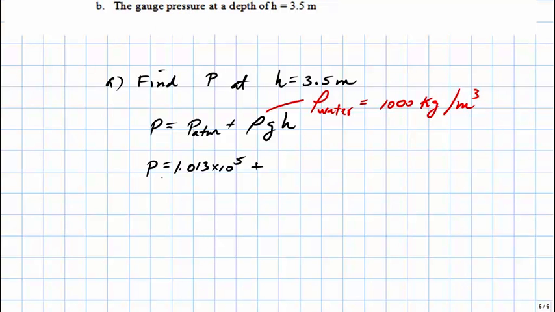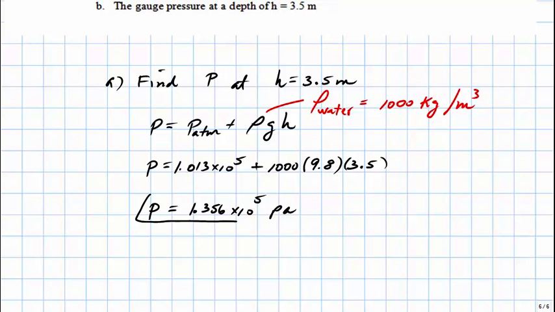So our equation becomes 1.013 times 10 to the 5th plus 1,000. g, of course, is 9.8, and the depth was given as 3.5 meters. The result equals 1.356 times 10 to the 5th pascals. And that, of course, is the absolute pressure.